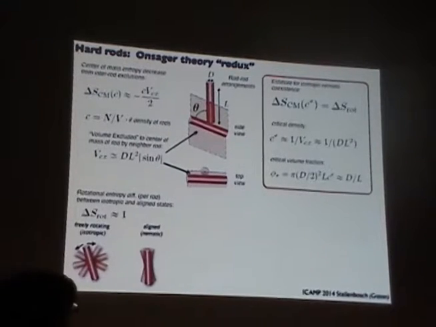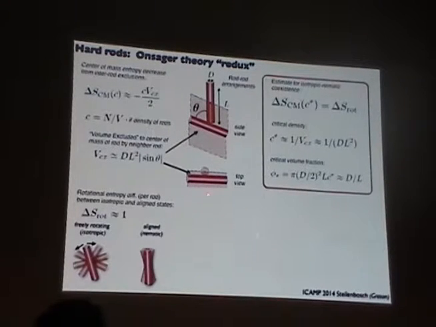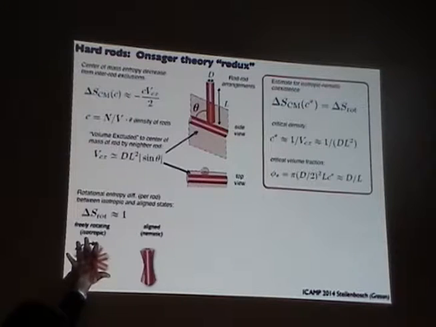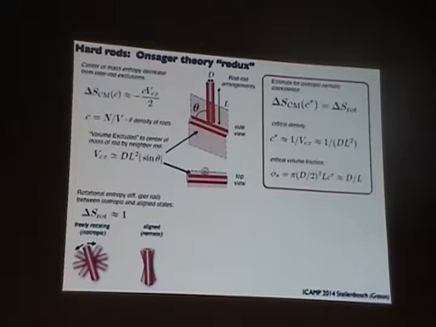So how do you estimate the transition from when it's preferable to be in the isotropic phase versus the ordered phase? Well, you basically set these two costs equal to one another and ask at what concentration that happens. We'll call that C star. That's an estimate for when you would expect to go at low densities from the isotropic phase to the nematic phase with this hard core model.